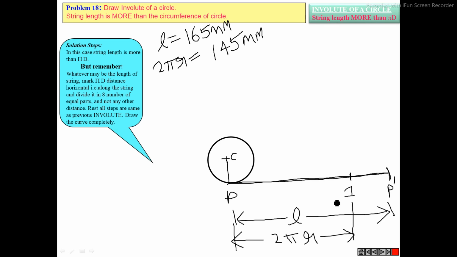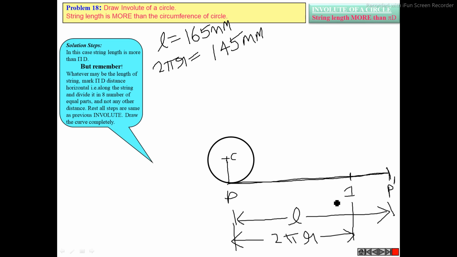But in this case, the length of the wire which you want to wrap is more than the circumferential length. So that particular point is not the same. The circumferential length is somewhat behind the actual length of the thread which you want to wrap. Yes or no?